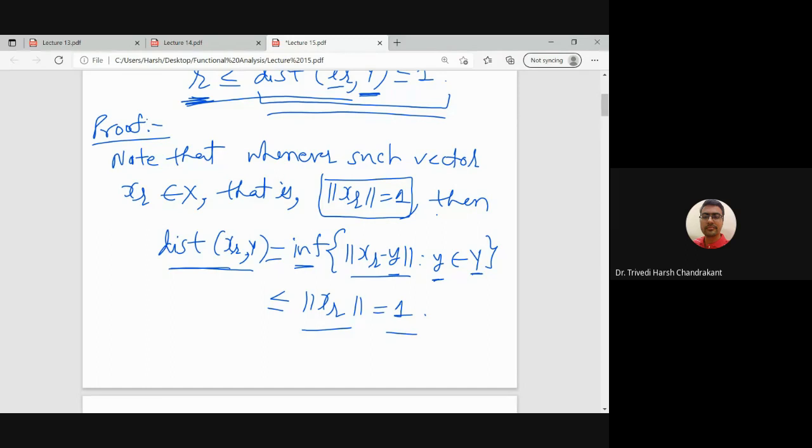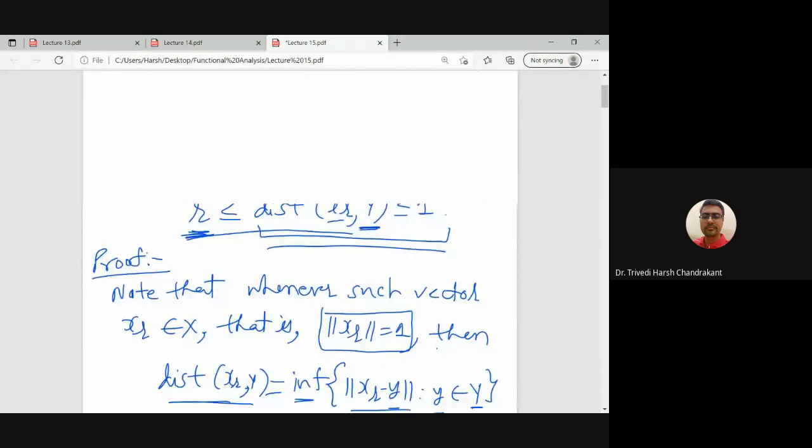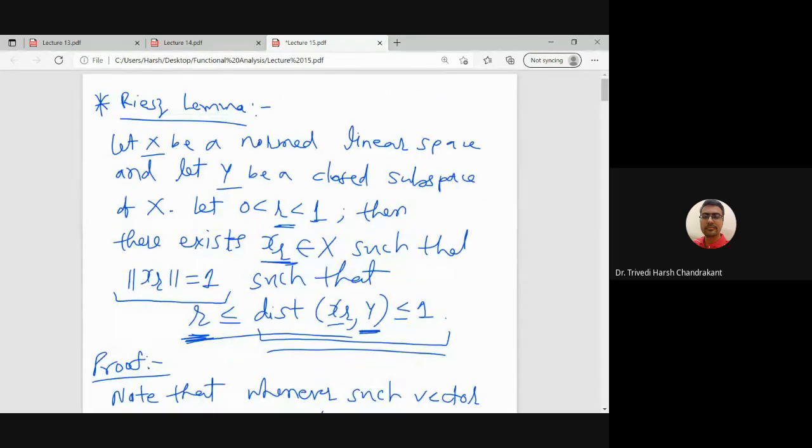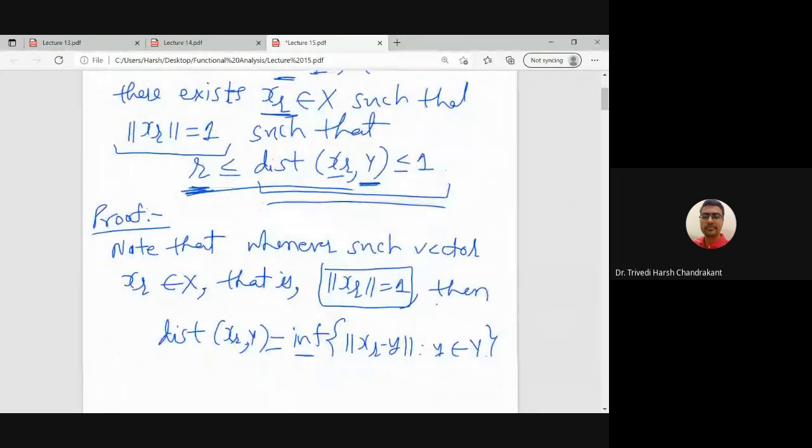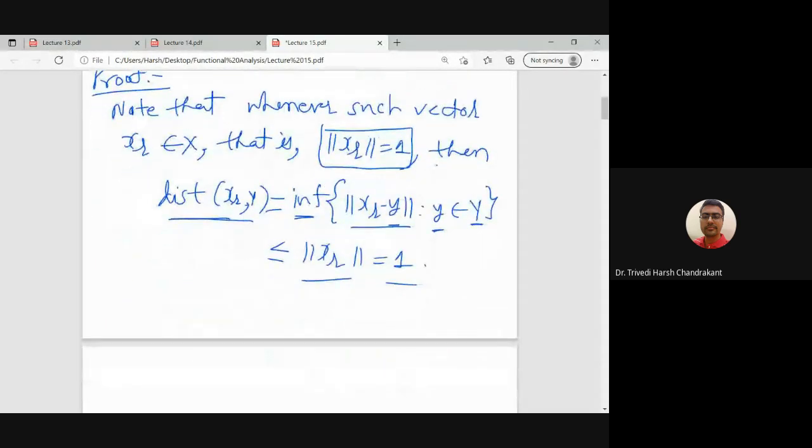So here what is Y? Y is not only a closed subspace, but it is a proper closed subspace. That is important here. So we cannot take Y equals to X, right? Y is a proper subspace of X. We are going to use that in the proof.